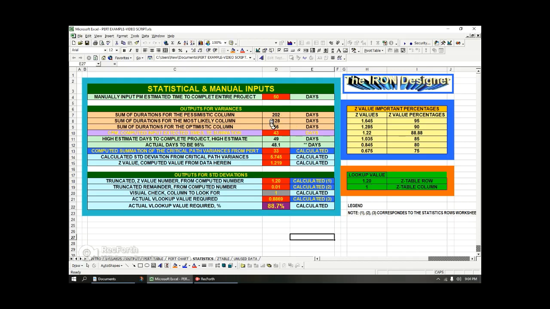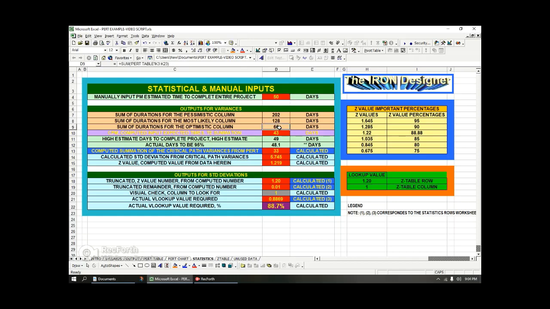So here, if your critical path is, say, 43, then what you need to do is look at the project manager's estimate, and you want to try to widen the gap between these in order to raise this number up.